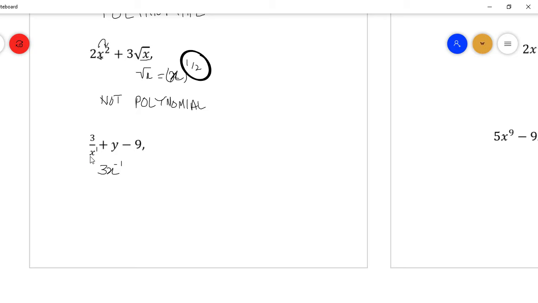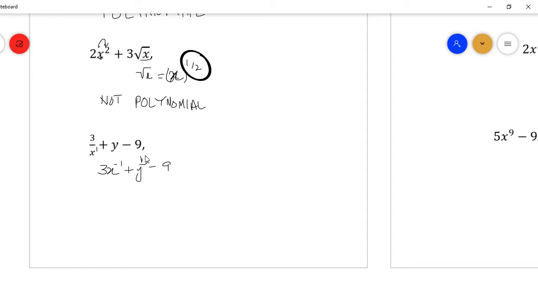Now we will transfer it from denominator to numerator. Its power will change from positive to negative. Plus y raised to power 1, as there is no power, so we can say that its power is 1, and minus 9. Now power of x is minus 1, power of y is 1 and minus 9.